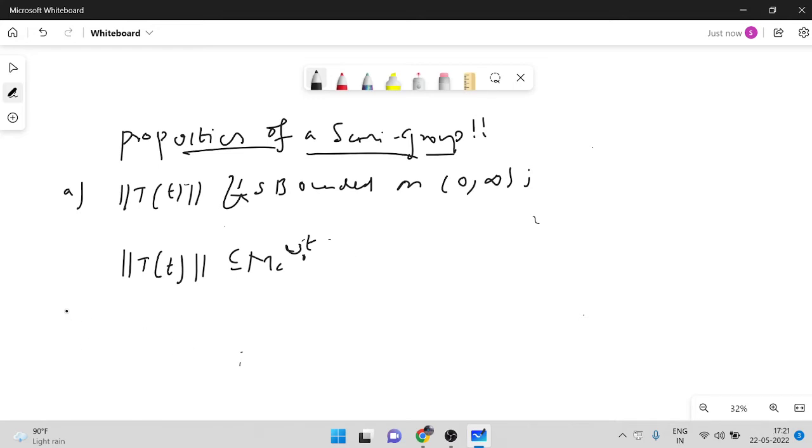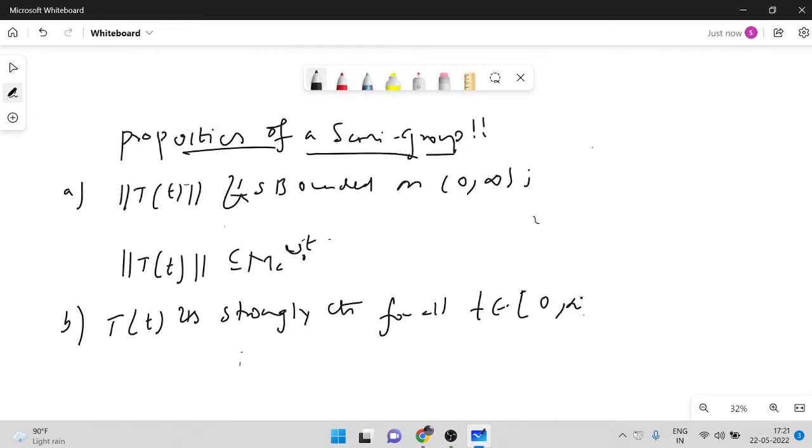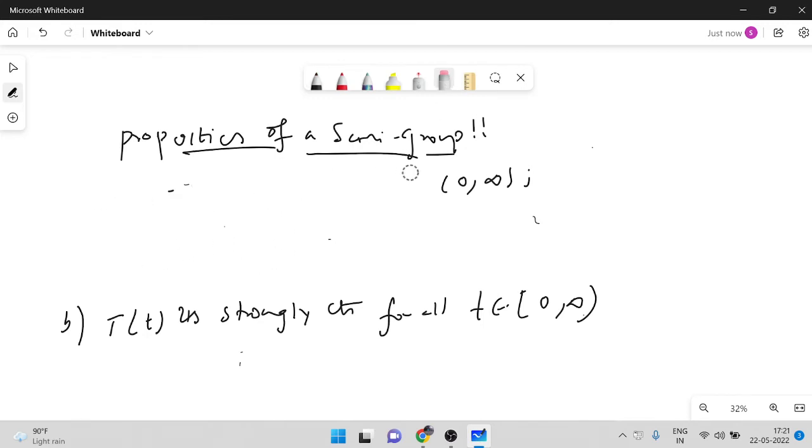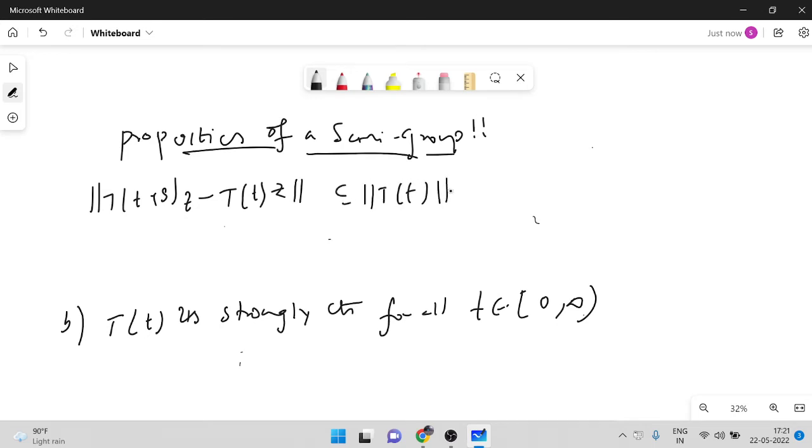And b, T of t is strongly continuous. So the proof of the semigroup being strongly continuous is basically you just take the norm of T of t plus s into z minus T of t into z, which is less than or equal to the norm of T of t times the norm of T of s z minus z.